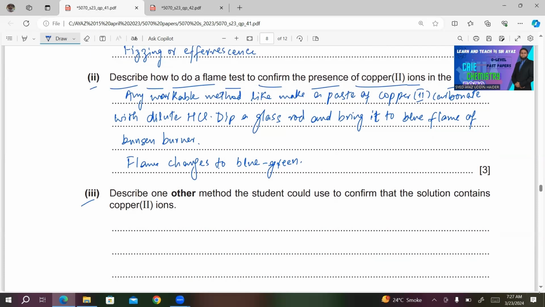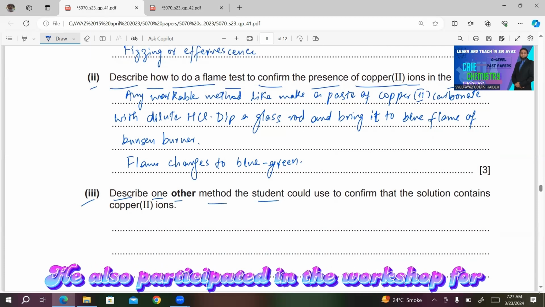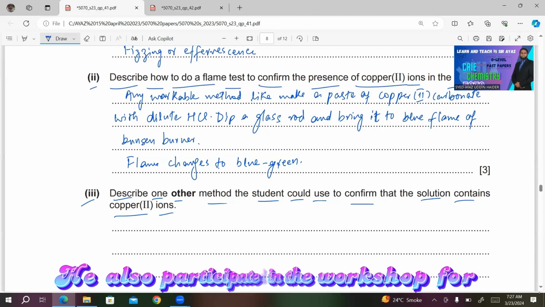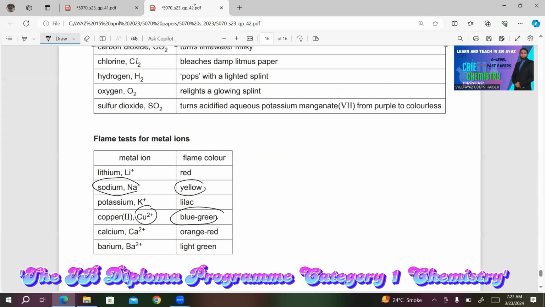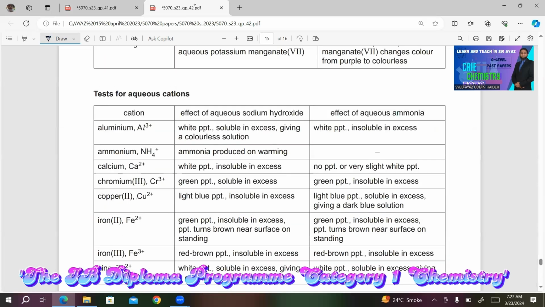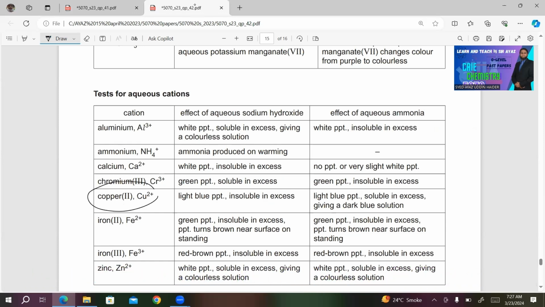Number 3, describe one other method the student could use to confirm that the solution contains copper-2 ions. So test for the cations. Where is copper-2 ion? We have copper-2 plus ion here. So we have the test with aqueous sodium hydroxide, and with aqueous ammonia. In case of sodium hydroxide, it will give light blue PPT, which is insoluble in excess. And in case of aqueous ammonia, it will give light blue PPT, soluble in excess, giving a dark blue solution.